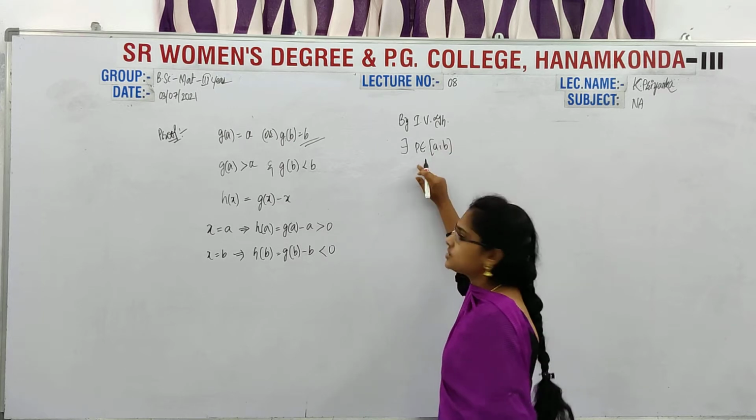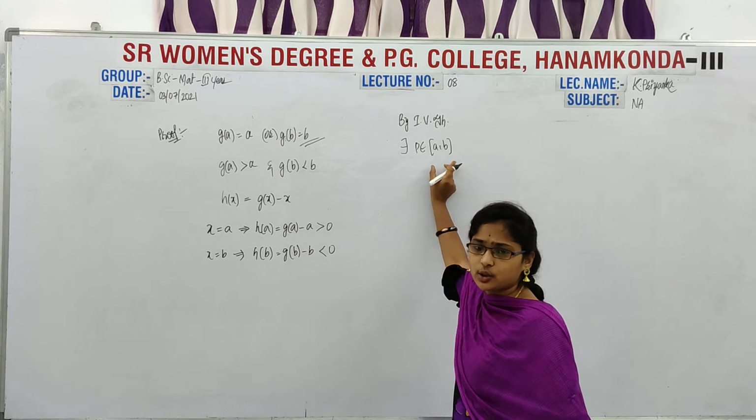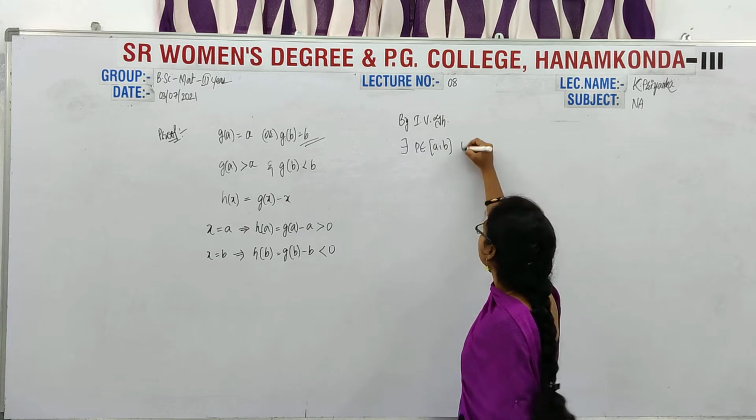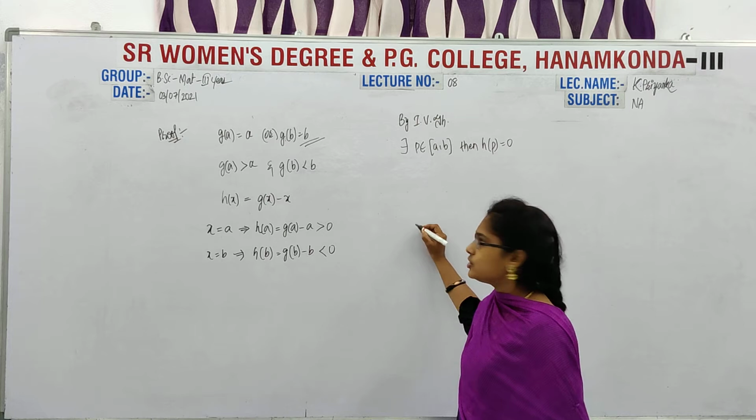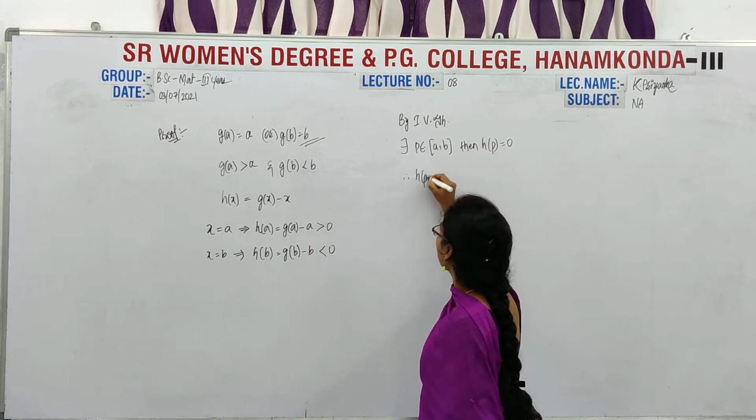The meaning of this is, if any value exists in the closed interval [a, b], then we can say that h of p is equal to 0. So therefore now what we have is h of p equal to 0.